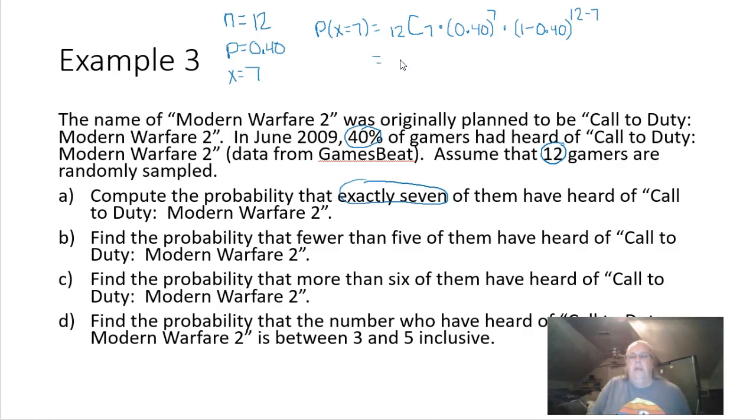All right, 12 things taken 7 at a time is going to give me 792. And then 0.4 raised to the 7th power is going to be 0.0016 when I round it. And then our probability of failure, we're going to do 0.6 to the 5th power here.